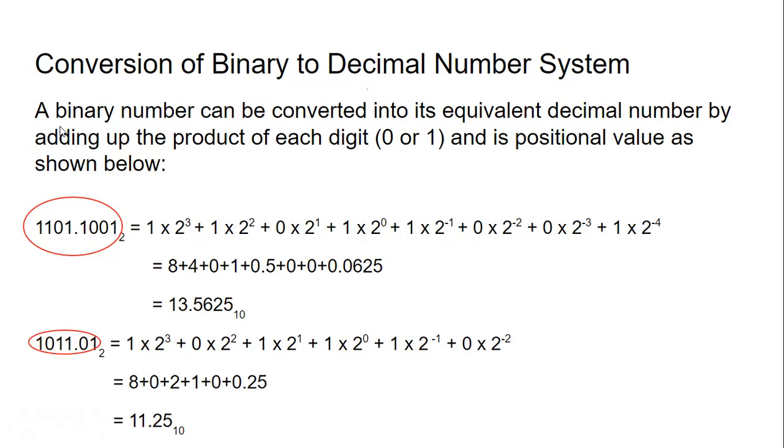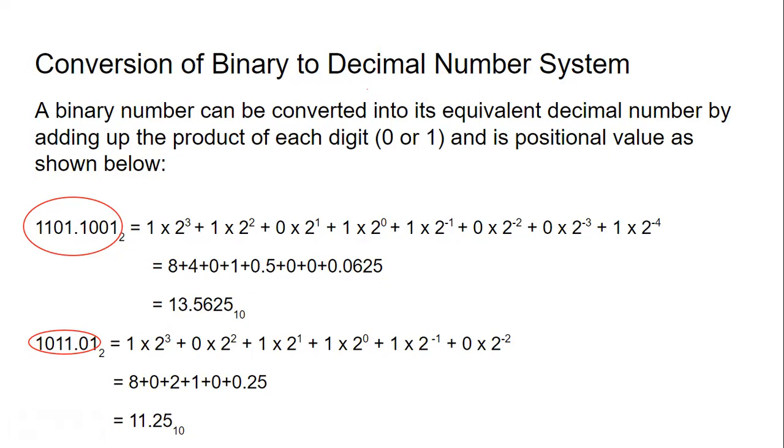Now the decimal point, which is 0.001. So what do we do here? Now we will go to the negative powers, which is -1, -2, -3, and -4.